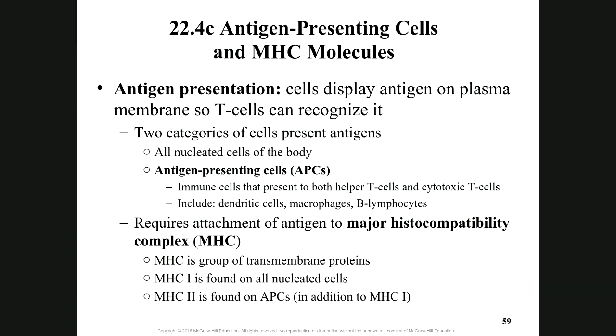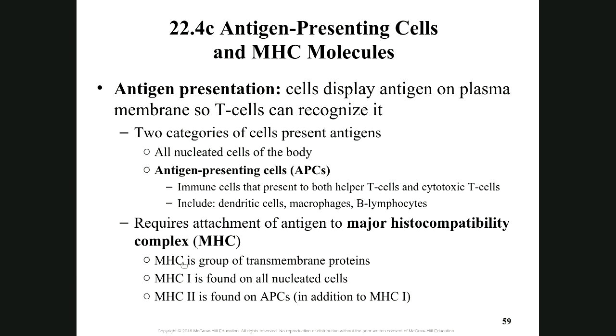The term antigen presenting cells, or APC, refers to immune cells that present to both T helper and T cytotoxic cells, and they include dendritic cells, macrophages, and B lymphocytes. Antigen presentation requires the physical attachment of antigen to a specific transmembrane protein called major histocompatibility complex, or MHC.